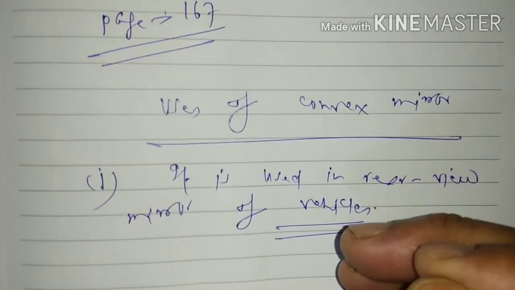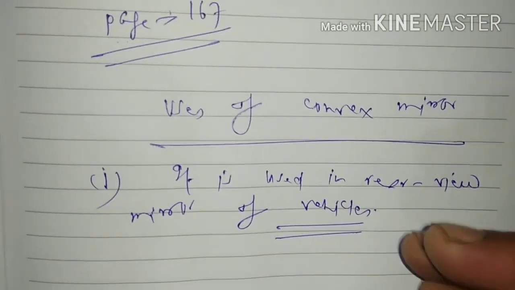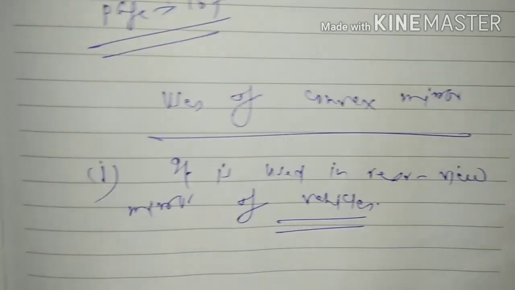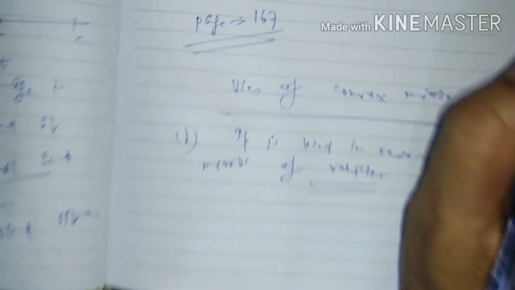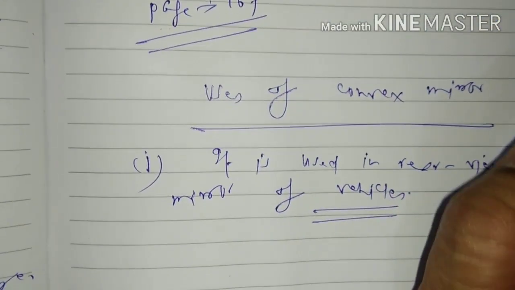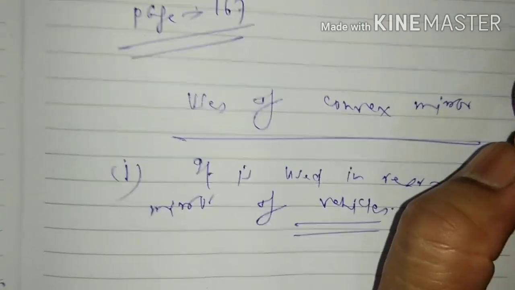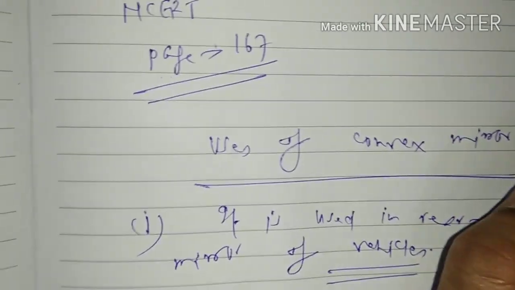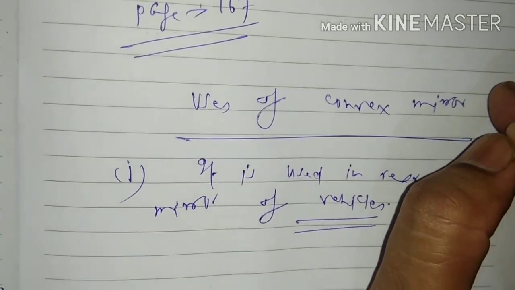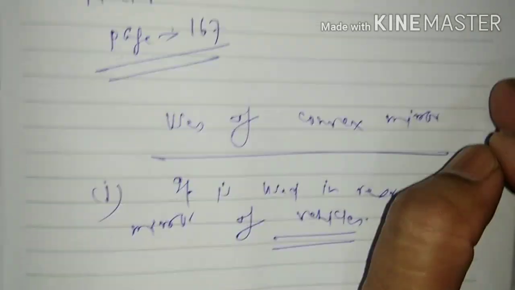In vehicles we see that on the right side of the driver there is a mirror, and this mirror is convex in nature. Why is a convex mirror used? There is a very important question which is asked again and again, that why is a convex mirror preferred as a rear view mirror in place of plane mirrors.